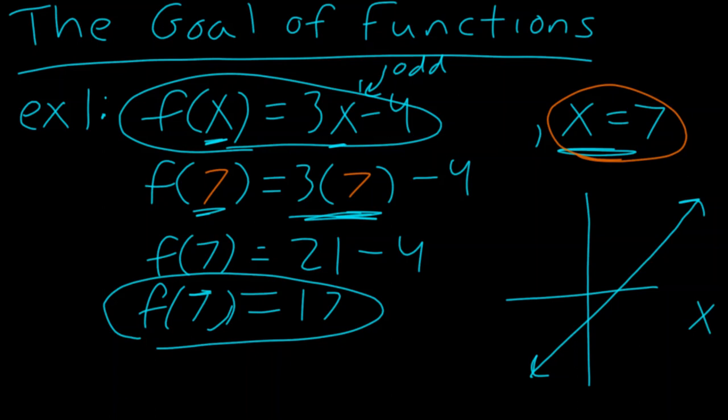Well, it means that on our x-axis, if we go over to 7, and then go up to right here, we would know that it's at a height of 17. So this is allowing us to evaluate a specific point on the function. I would pause this, finish taking your notes, and let's move on to our second example.